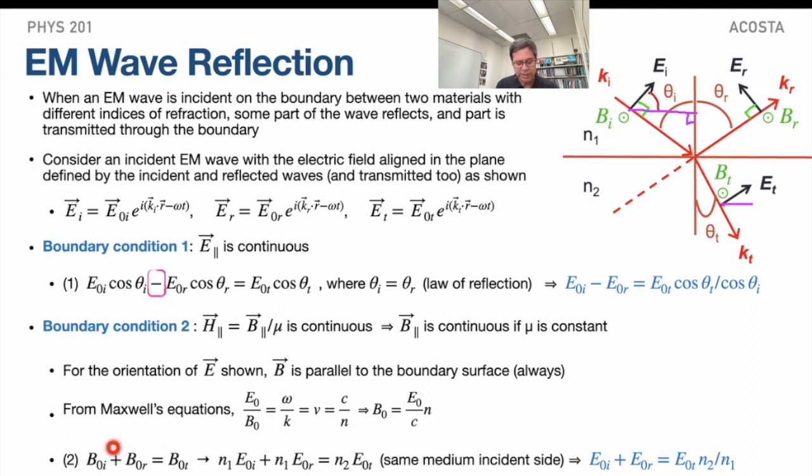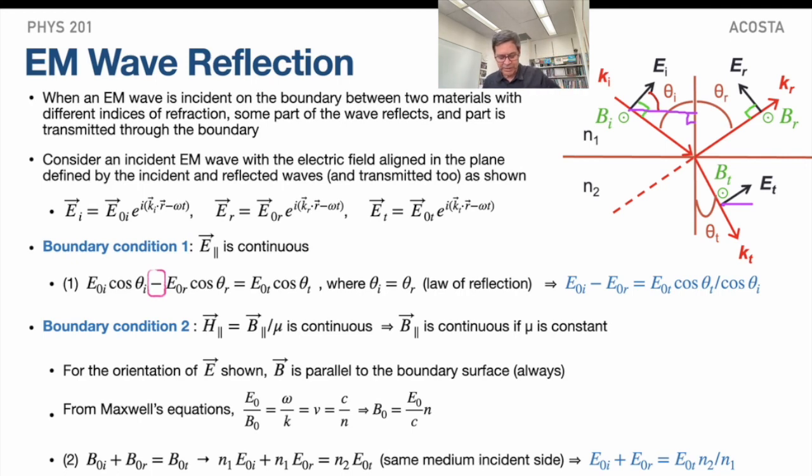So the continuity of the parallel component of the magnetic field means B0I plus B0R has to equal B0T. These are the amplitudes of the incident, reflected, and transmitted magnetic fields. Doing this substitution, I know that N1 times E0I plus N1 times E0R has to equal N2 E0T. It's the same index of refraction for the incident and reflected wave because they're on the same side of the boundary.